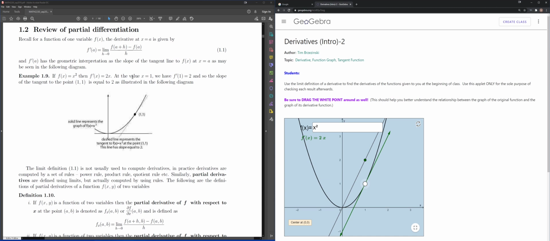To see an example of this, let's look at f of x equal to x squared. When you differentiate with respect to x, you get 2x. Now we want to see what's going on when x is equal to 1. The point on your graph corresponding to x equal to 1 has x value 1, and f of 1 is 1 squared, which is 1.